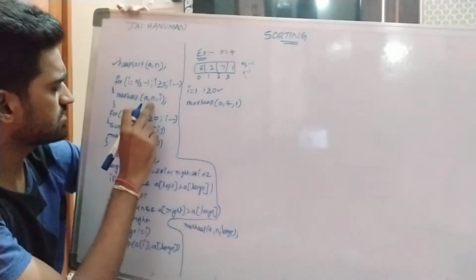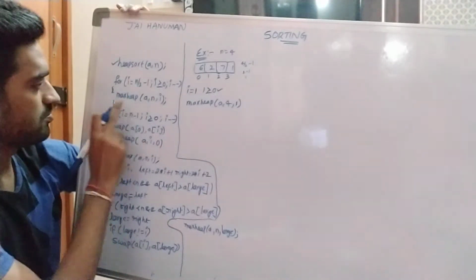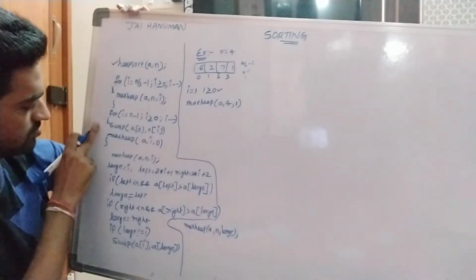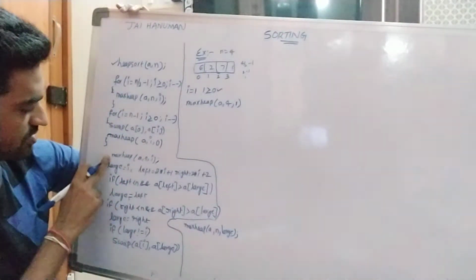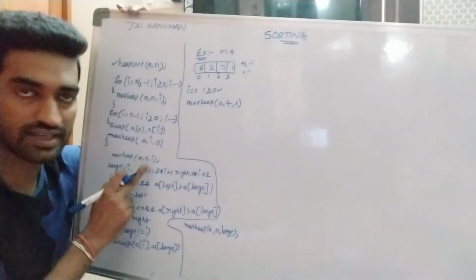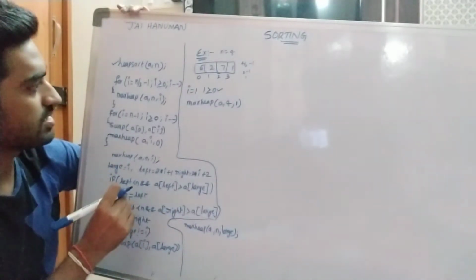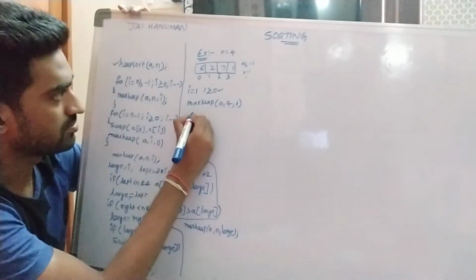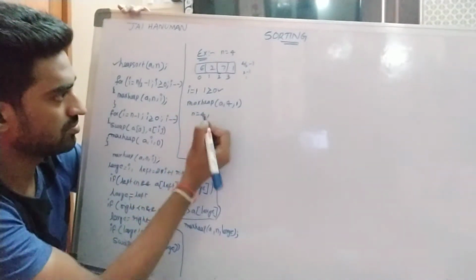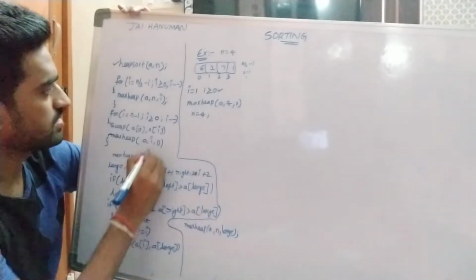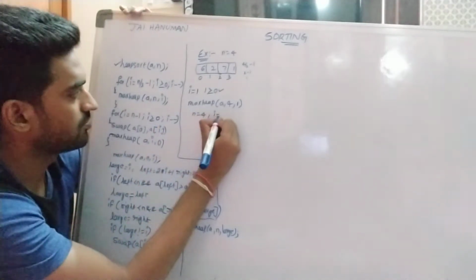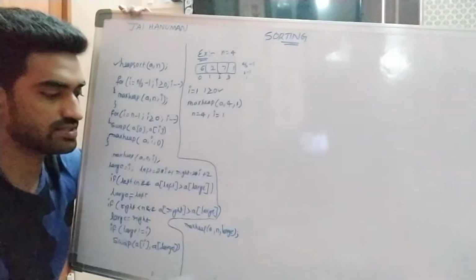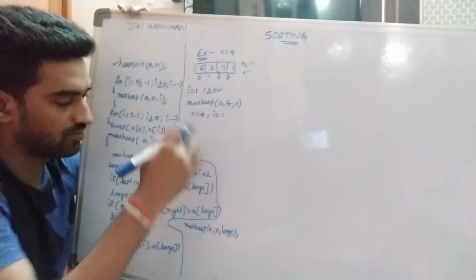After calling this function, the control is passed to the function max heap a comma n comma i. Now n is equal to 4 and i is equal to 1, right?